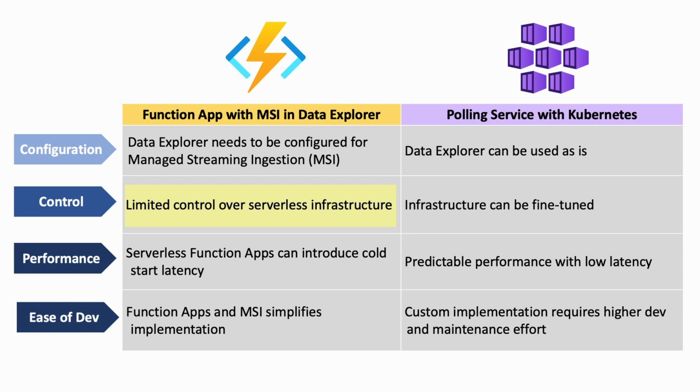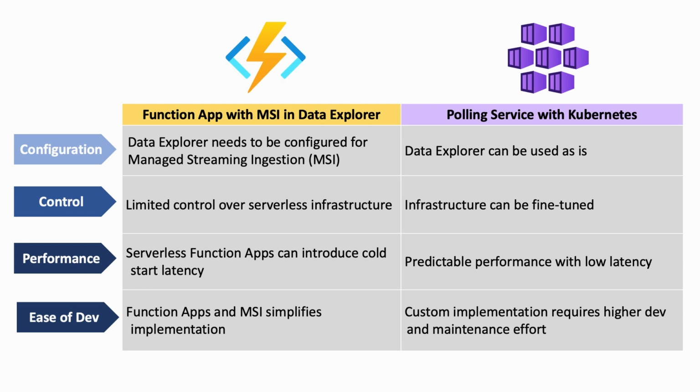This might be a limitation if you need fine-grained control over resource allocation. Serverless architectures like Azure Functions may have cold start latency, where the first request might take longer to execute. Using SDKs within a function app simplifies the development process. It provides a high-level abstraction, making it easier to integrate with Azure Data Explorer.